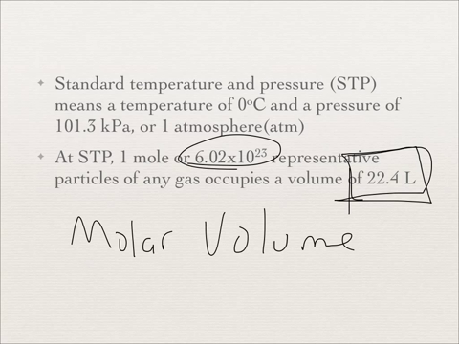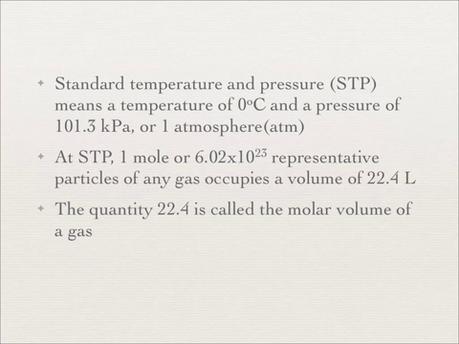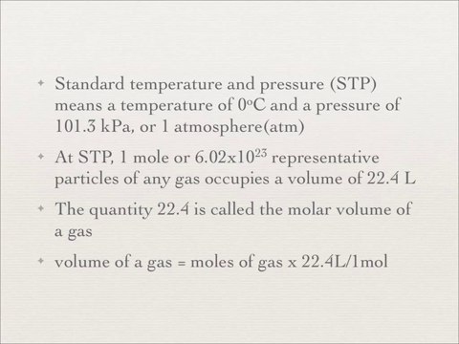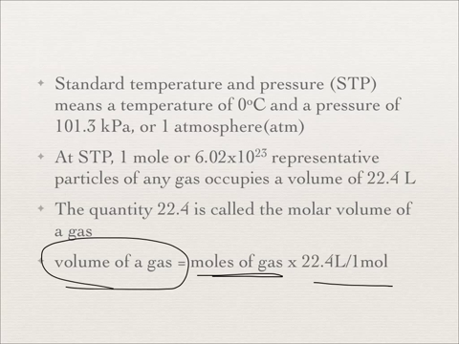So to calculate the volume of my gas, all I have to do is take the number of moles times 22.4. If I had 5 moles, I just take it times 22.4.